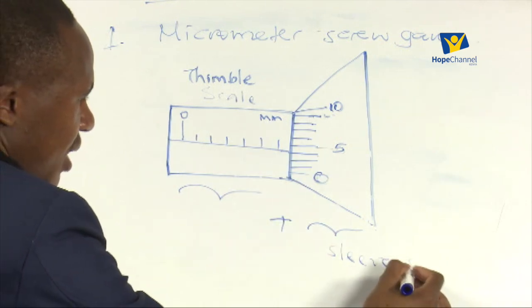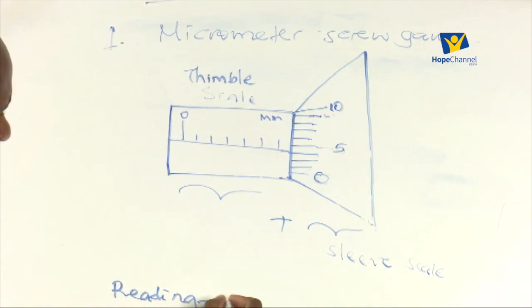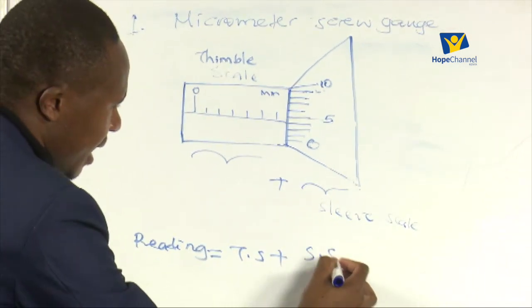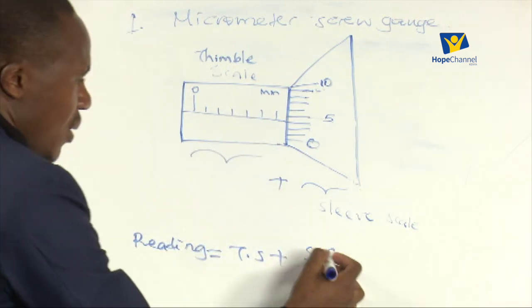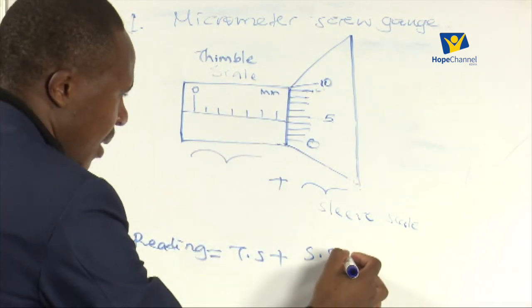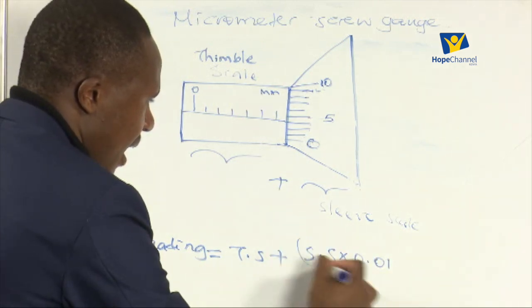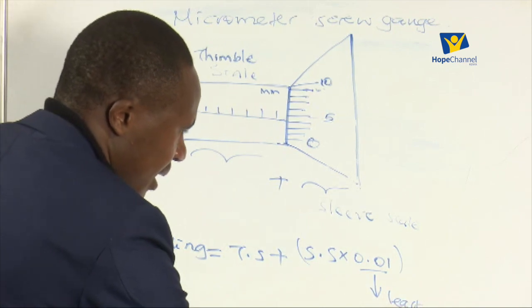So the reading shown by a micrometer screw gauge is given by what we obtain from the thimble scale plus what we obtain from the sleeve scale. Only that for the sleeve scale, whatever we read there, we multiply by 0.01, and this is called the least count for that micrometer screw gauge.